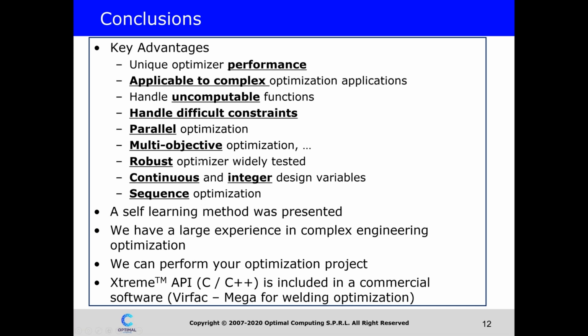It's an optimizer which is very robust because it is very well tested on various cases and various functions. It can deal with continuous and integer design variables and also with sequence optimization. As I showed you, it's a self-learning method. And in our company, we have a large experience in complex engineering optimization. And we are used to using this software in consulting mode projects.